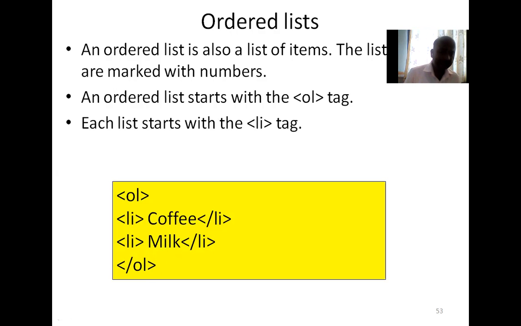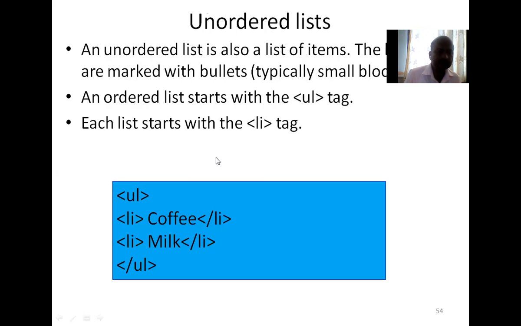If instead of OL there is UL, that is an unordered list, there is no particular sequence, but the items will typically be marked with black circles or bullets. This is for the unordered list.